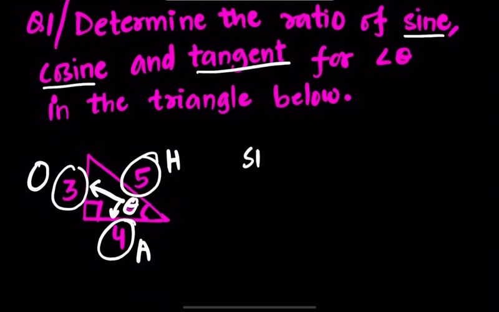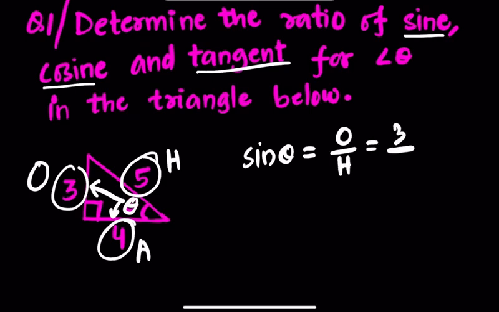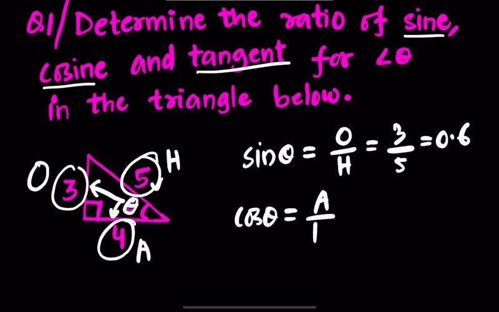So sine of theta is equal to opposite over hypotenuse. Opposite in this case is 3 and hypotenuse is 5. So 3 over 5 is equal to 0.6. And cosine of theta is equal to adjacent over hypotenuse.